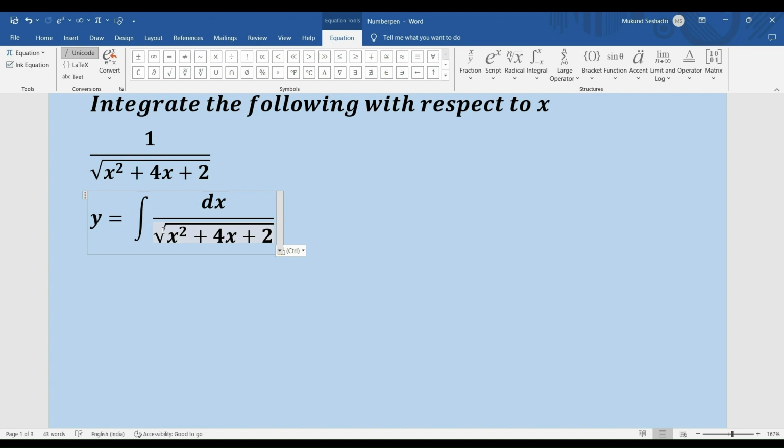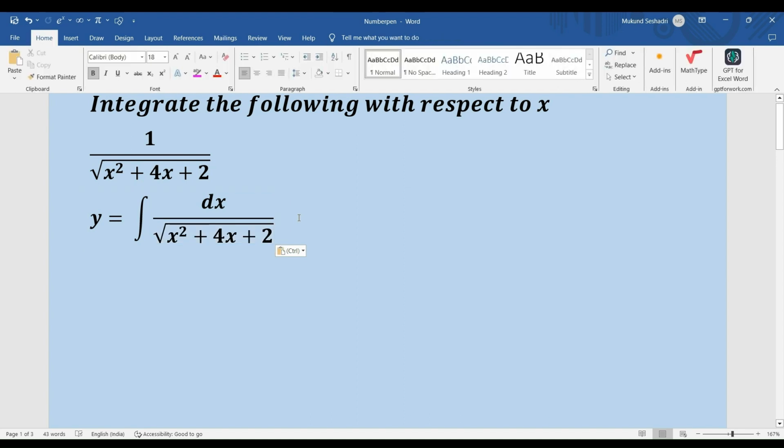So whenever you see a quadratic expression, try to express it in the form x plus or minus a the whole square plus or minus b square, right? Where a and b are constants. So that would be our step one. And then step two would be to make the necessary substitution for us to simplify the given expression, right?